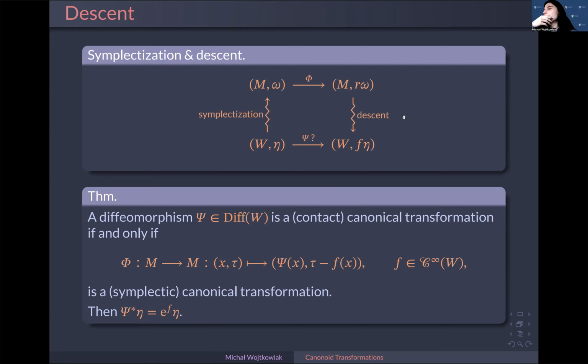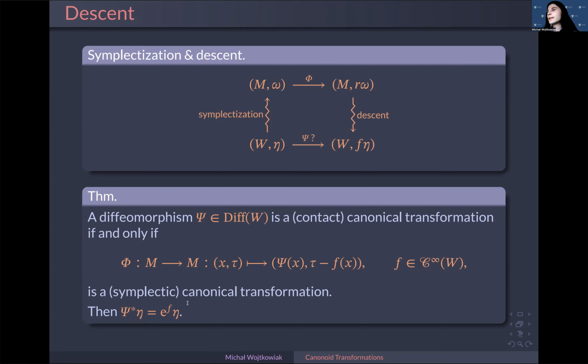Yeah, so the canonical transformation needs to be in some way equivariant with respect to that extra coordinate, and specifically if it has this form, then the contact canonical transformation also has a well-defined form. But this isn't general for any canonical transformations.